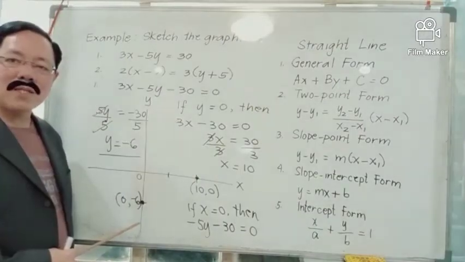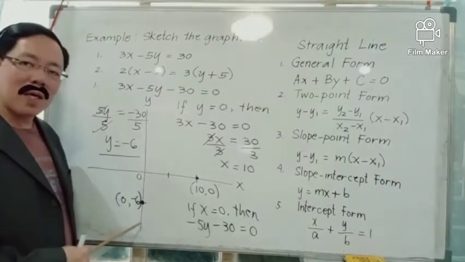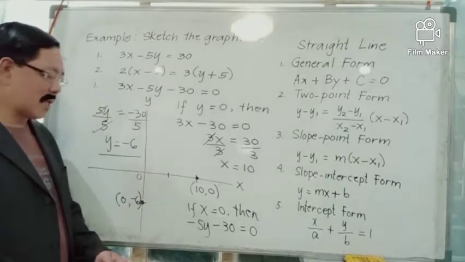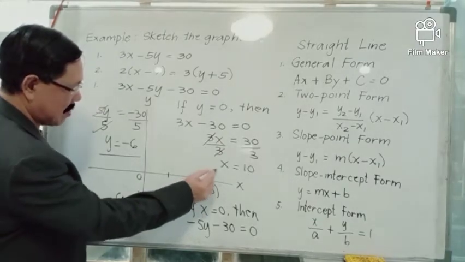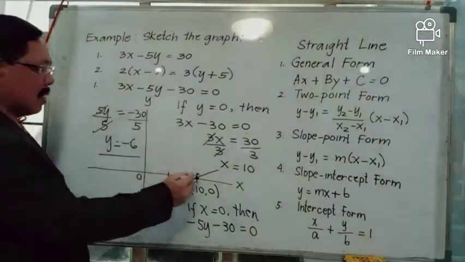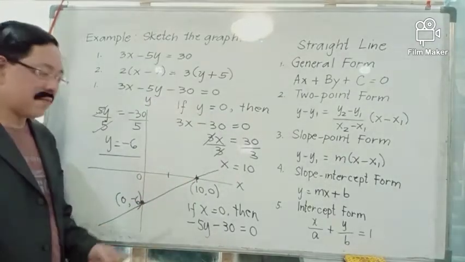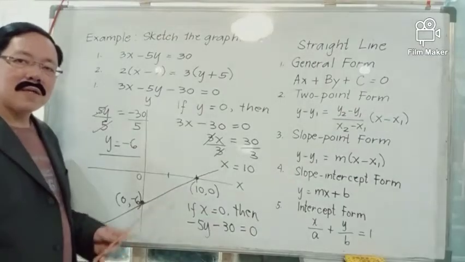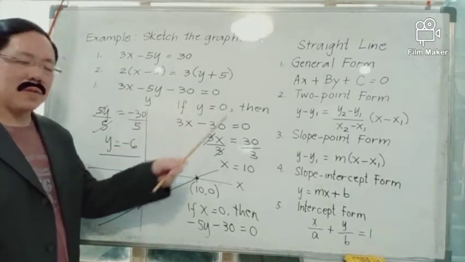Now, to sketch the line after you have located the x-intercept and the y-intercept, simply connect the intercepts with a straight line. Connect this intercept with the y-intercept, and this is the graph of the linear equation 3x minus 5y minus 30 equals 0.